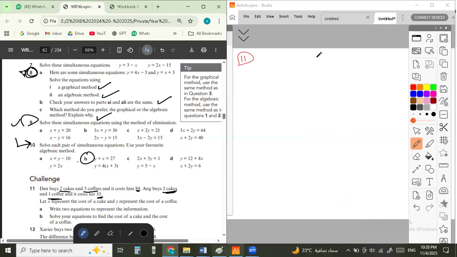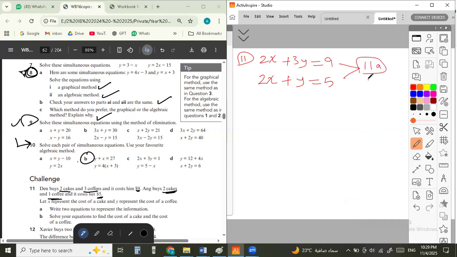They said 2 cakes, which means 2x, plus 3 coffees, which is 3y, equals $9. And the other one, which is Ang, bought 2 of x plus 1 of y equals $5. They want you to write 2 equations. We wrote 2 equations. That's 11A.